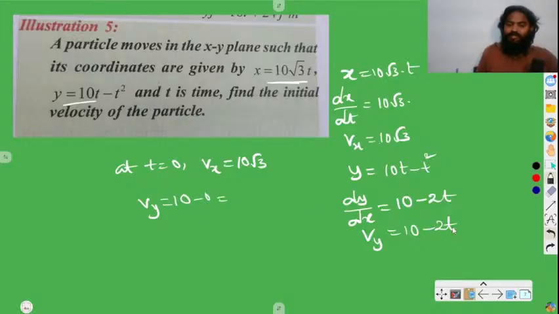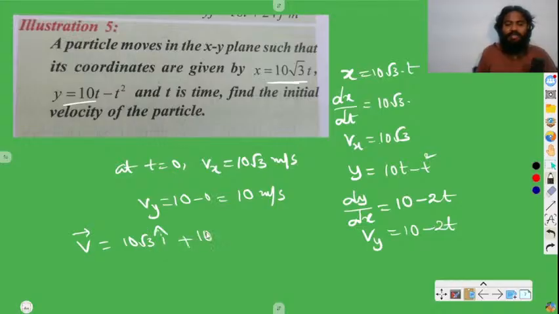If you substitute 0 in the place of t, it becomes minus 0. That is equal to 10 meter per second. So now we want the initial velocity vector, right? So now v bar is equal to 10 root 3 i cap plus 10 j cap. This is the initial velocity vector.